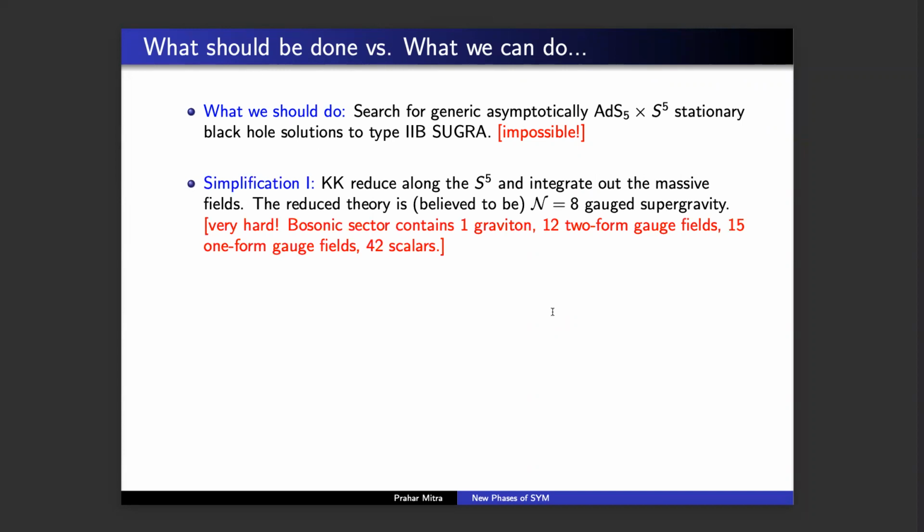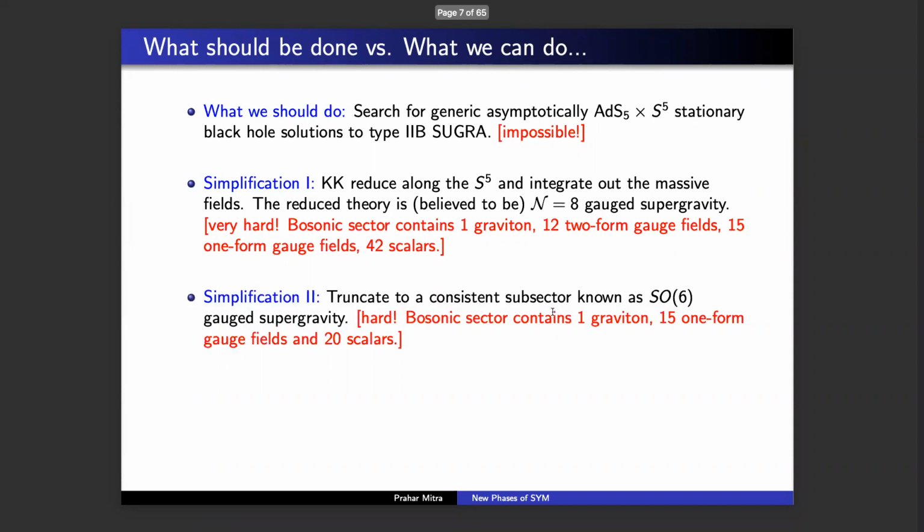So the first simplification that we can try to do is to do a KK reduction around the S5 modes, integrate out all the massive fields, and then we'll be left over with, and here I'm putting in parentheses, believed to be, because this hasn't really been proved, N equal to 8 gauge supergravity in 5 dimensions. So we've simplified it a little bit, but it's still very complicated because it has tons and tons of fields.